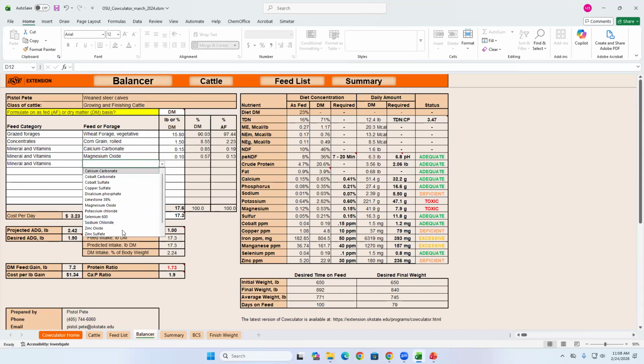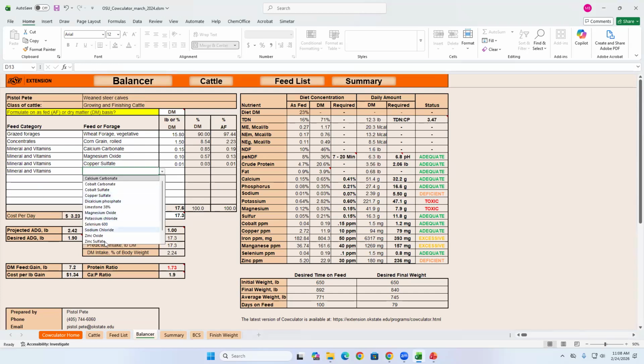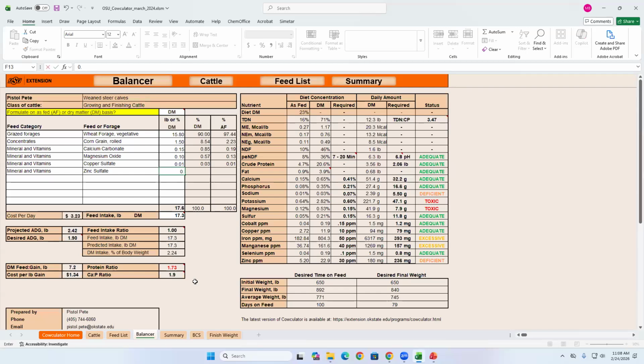Okay, copper. 0.005 gets us there. And now zinc. 0.000005 gets us there.